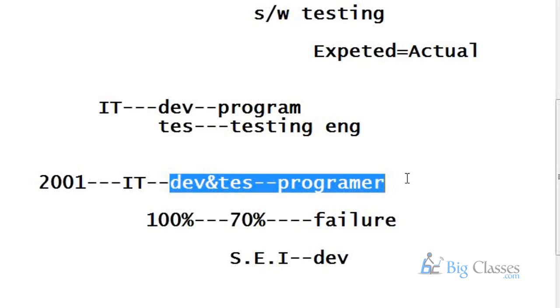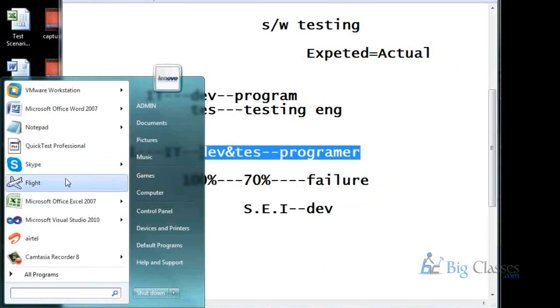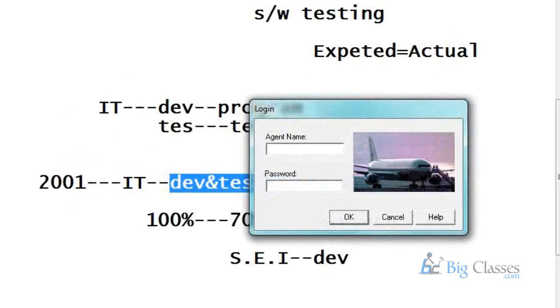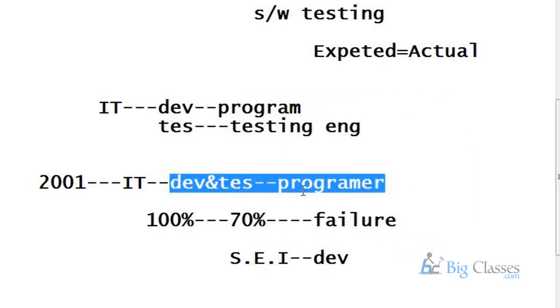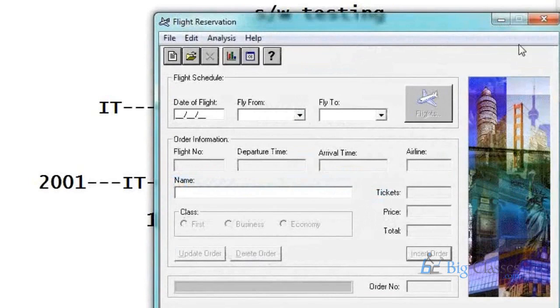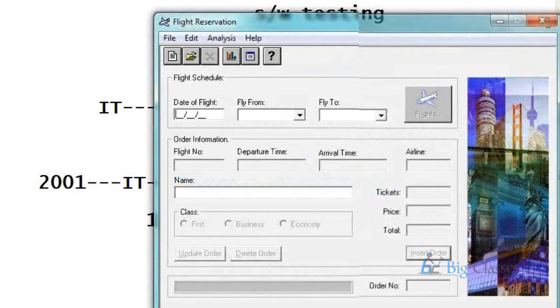Simple. See, I'll open one application. Let's open a flight application. Checking the application with valid inputs is called positive testing.